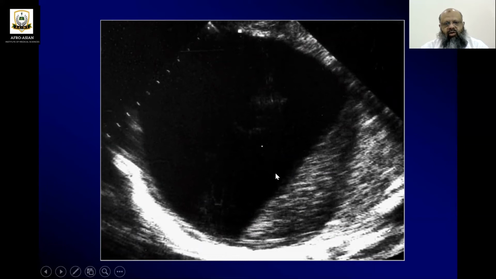If it is pyogenic debris, by moving your transducer, trying to shake the lesion along with your transducer, but shaking means moving it gently, not trying to rupture the cyst by the pressure of the transducer.